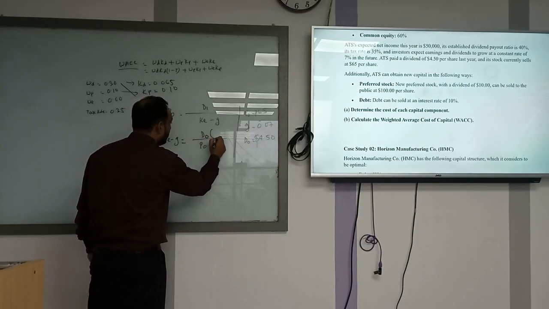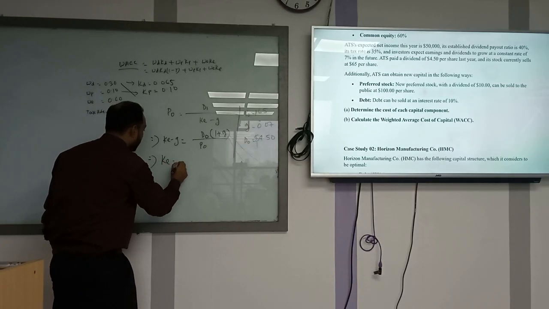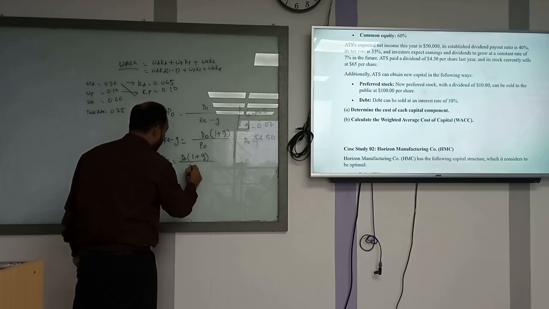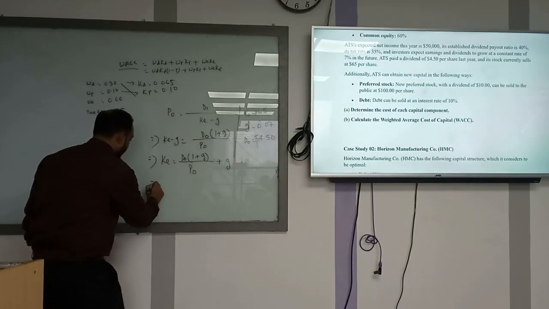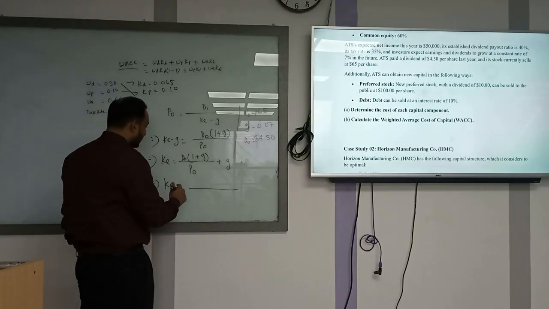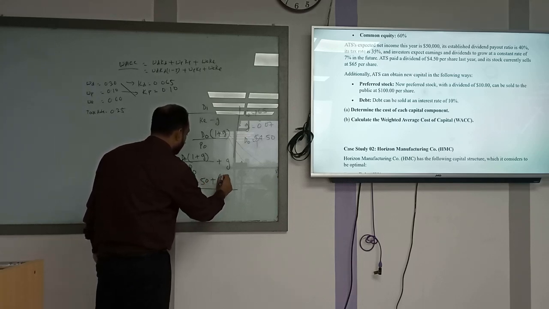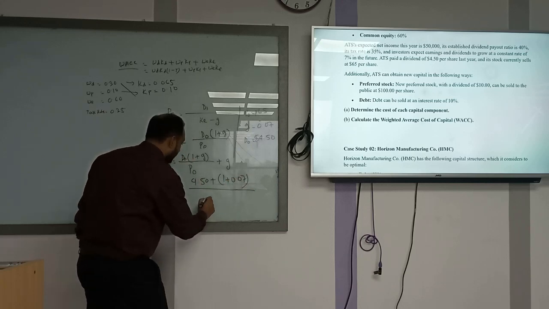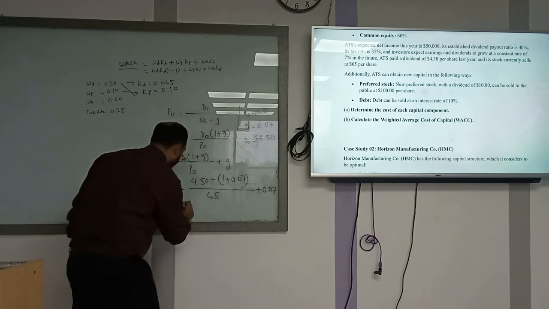So D1 is D naught times 1 plus G. So KE is equal to D naught times 1 plus G divided by P naught, plus G. If I put everything in the formula, it is 4.50 times 1.07, divided by 65, plus 0.07.